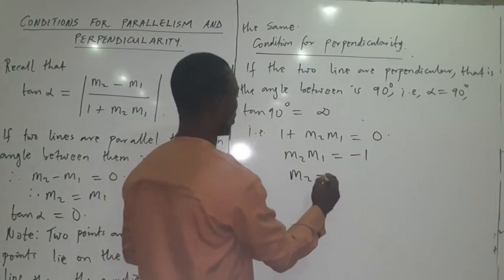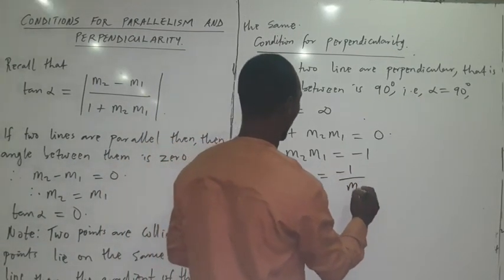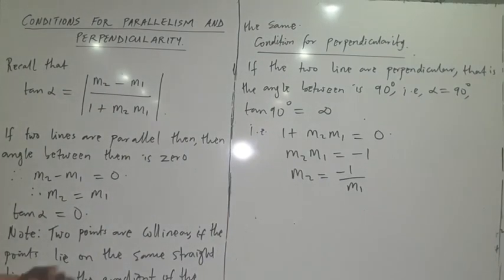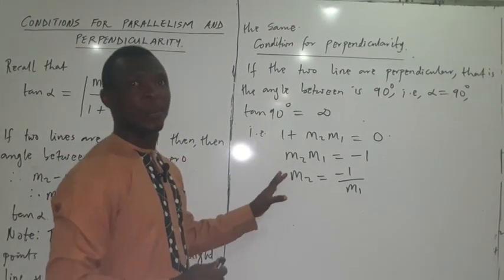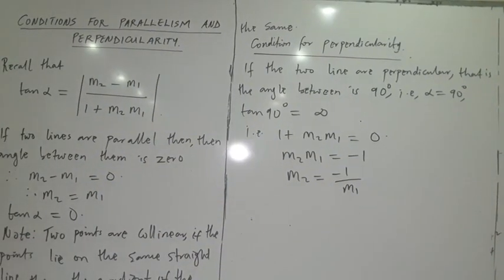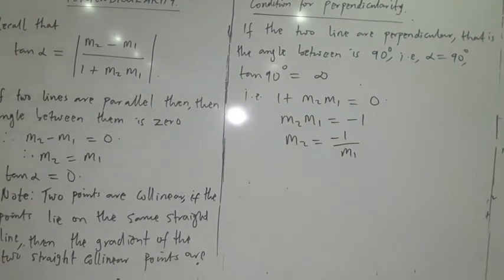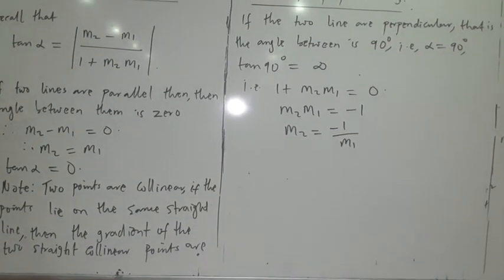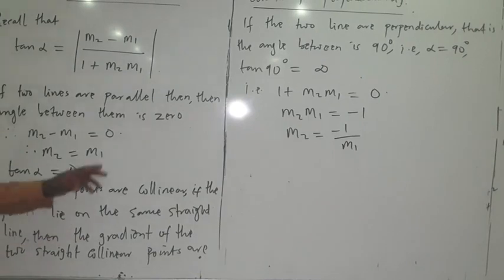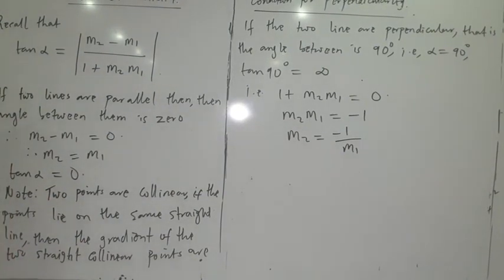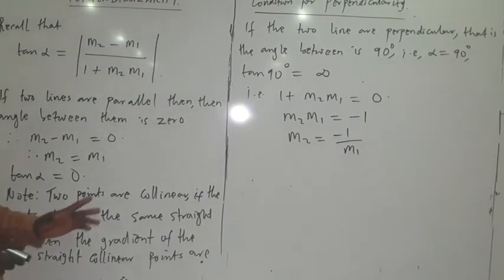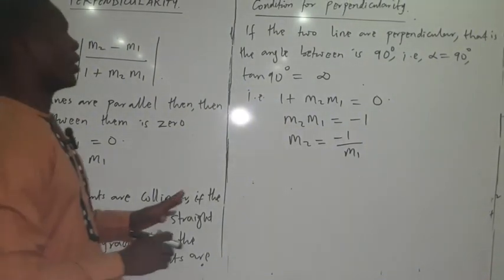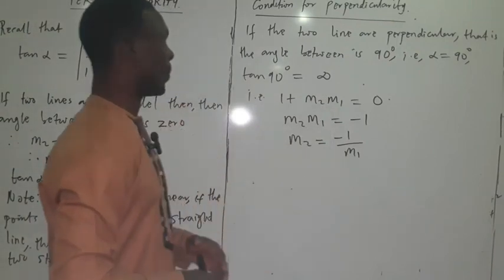Therefore m2 equals minus 1 over m1. So for perpendicularity, the product of the two gradients must be equal to minus 1, or you can say m2 equals minus 1 over m1. So this is the condition for perpendicularity.